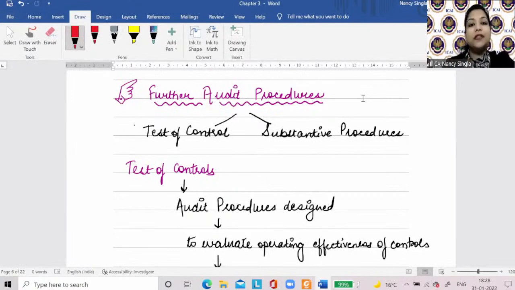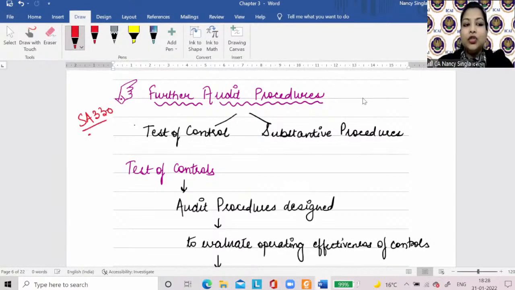The auditor's responses to assessed risk. और कहाँ पे assess किया है? SA 315 में. ठीक है? So SA 315 वाला जो assessment है, the assessment of risk that auditor has done in SA 315, it acts as a basis for auditor to respond to those risks under SA 330.